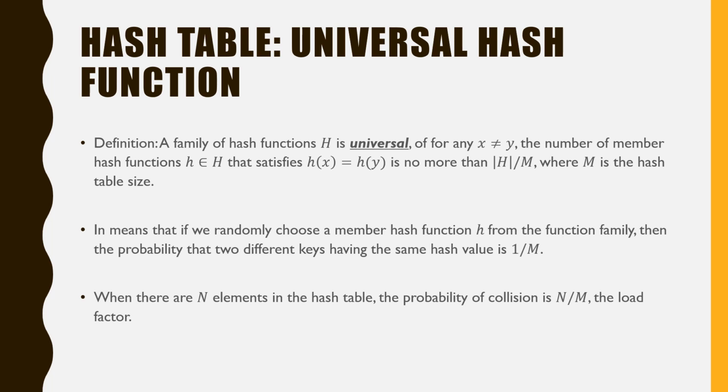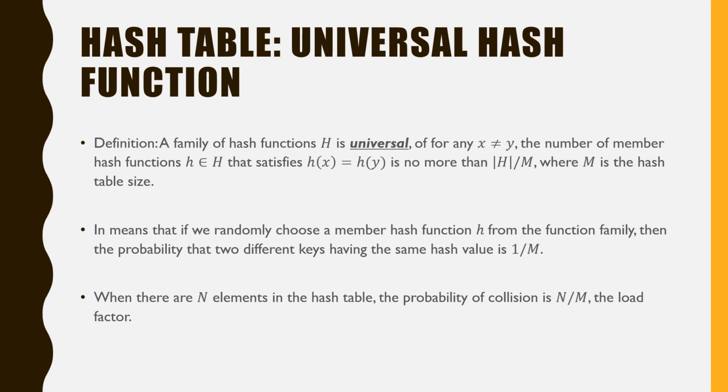Now, let's look at the definition of the universal hash function. Consider a function class H. A function class is a set of functions with the same form but different parameters. For example, the two functions y equals 2x plus 5 and y equals 10x belong to the same function class y equals ax plus b, where they take different values for the parameters a and b.